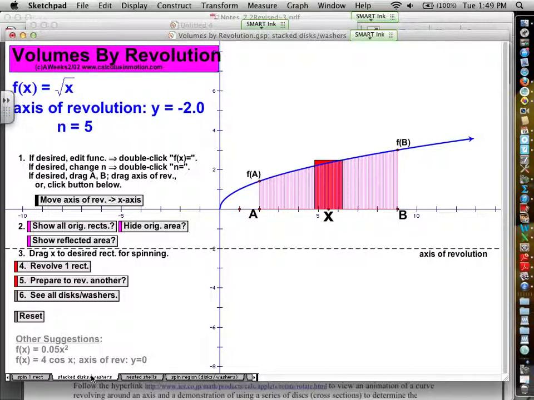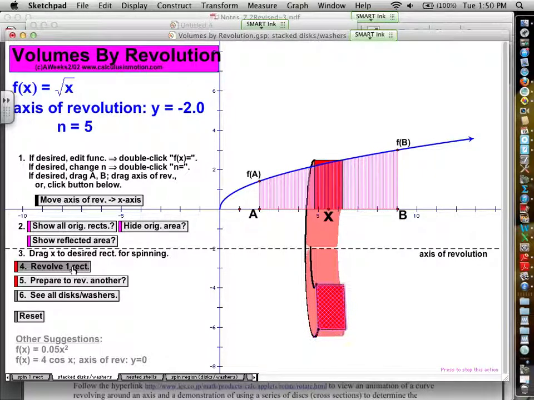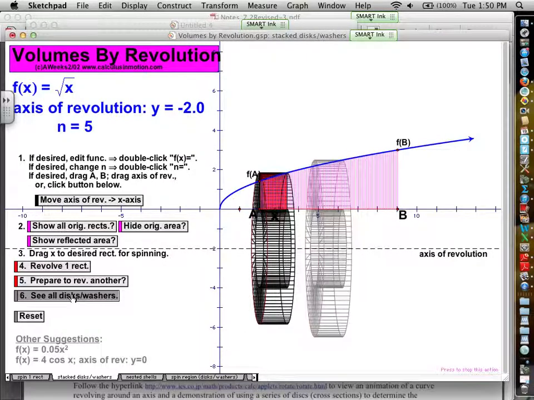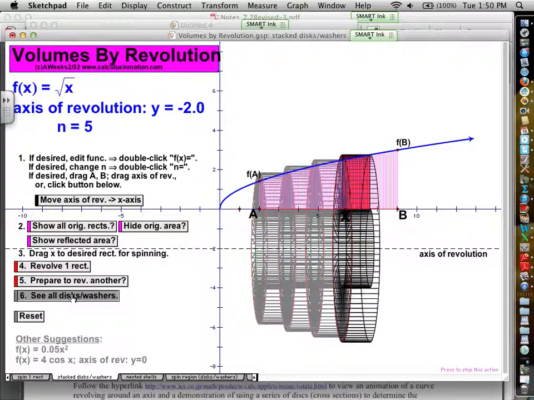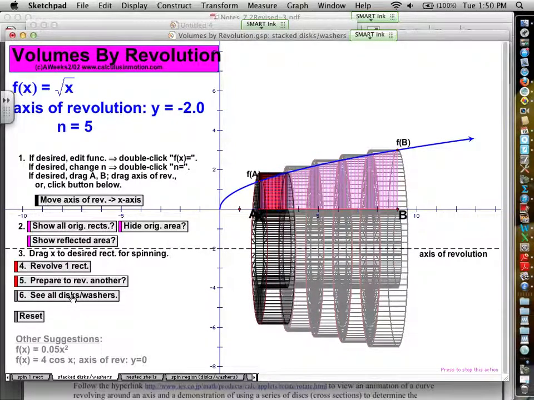Now if I take this rectangle and rotate it around that axis of revolution, you can see again, this will be all these washers stacked up, and you can see that hole going down the center. I could do this with a whole bunch of other washers, all stacked up. So I'm going to have something that looks like this, right?